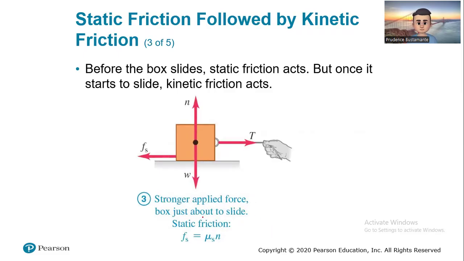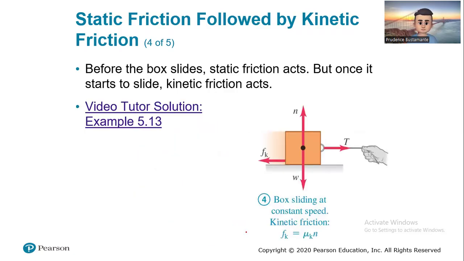However, if you apply a stronger force, and that force makes the box just about to slide, the value of the static friction is equal to the maximum value, which is equal to mu sub s times n. Okay.